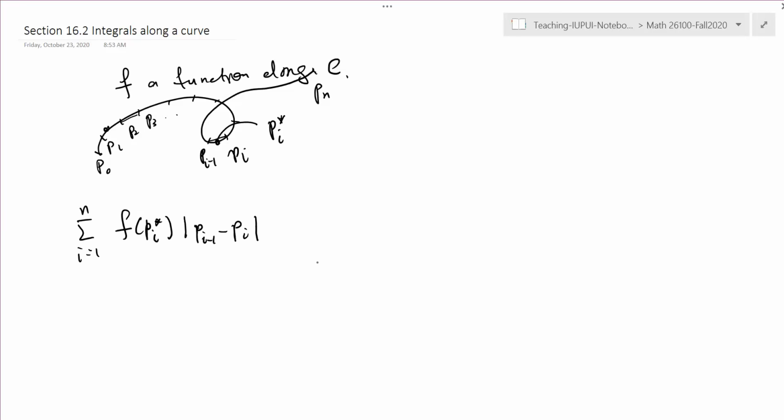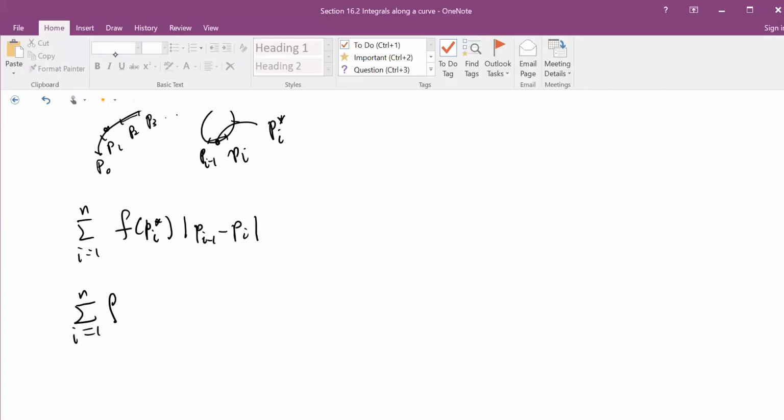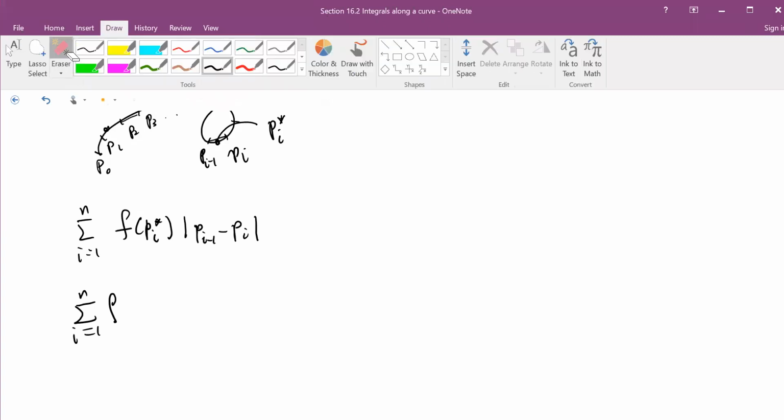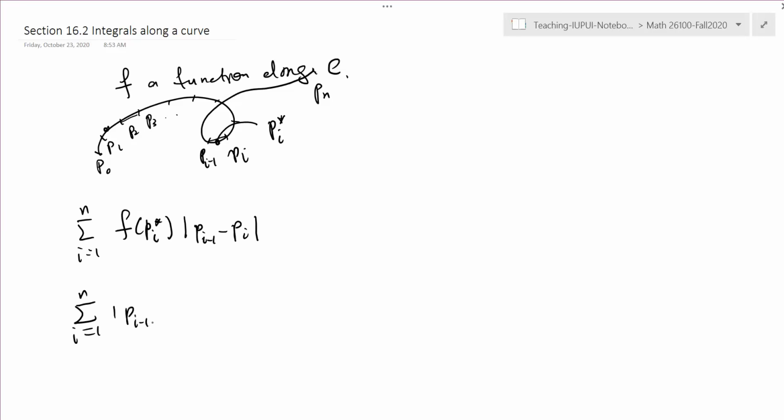Now, on the other hand, let's look at this. If f is constant and equal to 1, then you end up with just this sum. Remember, this is an approximation of the length of the curve. So the limit will be the length.